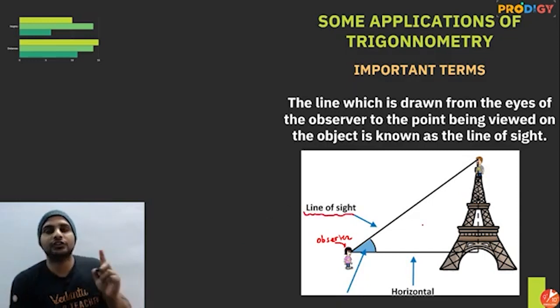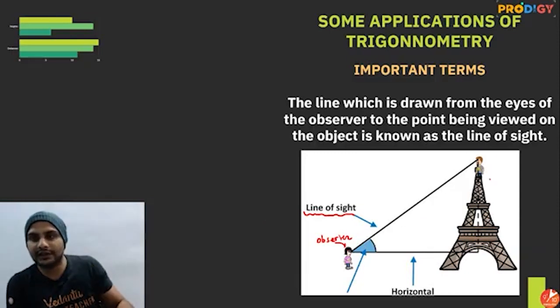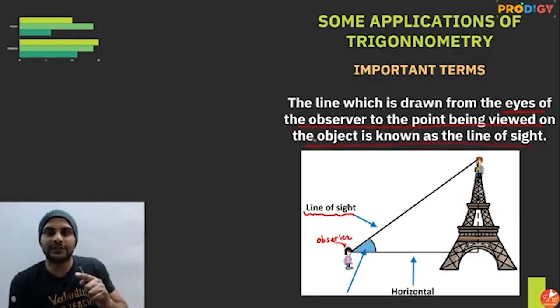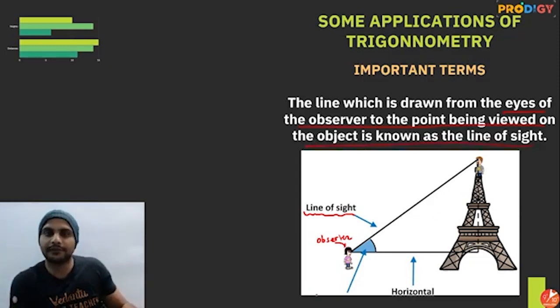The line joining the eyes of the observer to the object is known as the line of sight. So this is the line of sight over here.